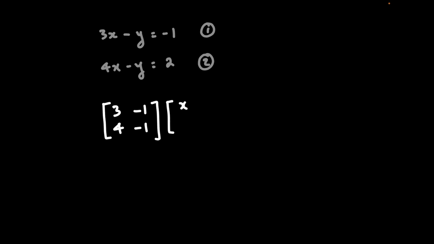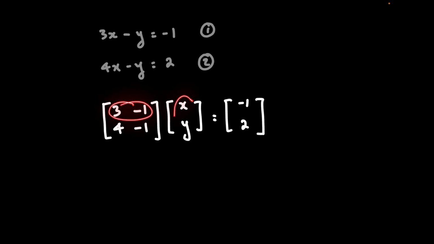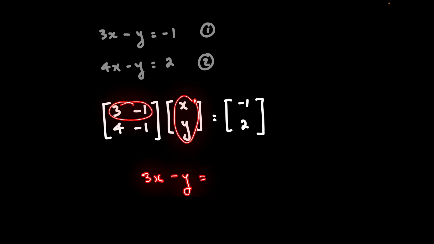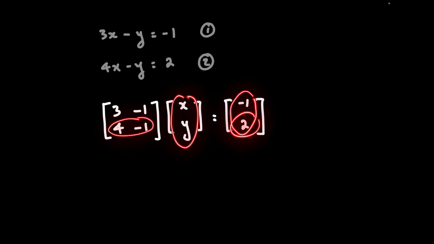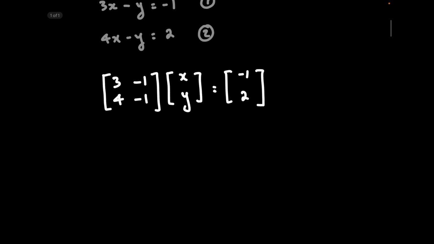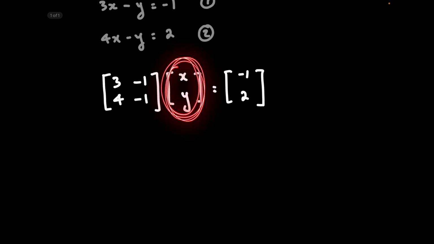We can then multiply this matrix by xy to give us the matrix -1, 2. If we multiply this row with this column, we end up with 3x take y equals -1, which is our first equation. If we do the same thing with the second row and the column, we also get -2 here. So now we just have to solve for the matrix xy.